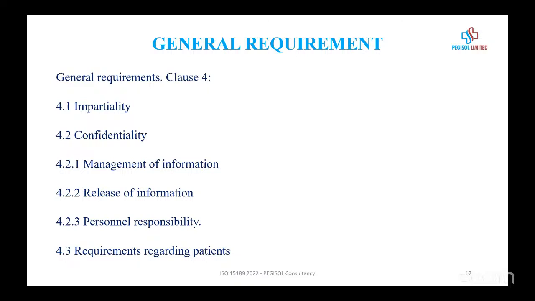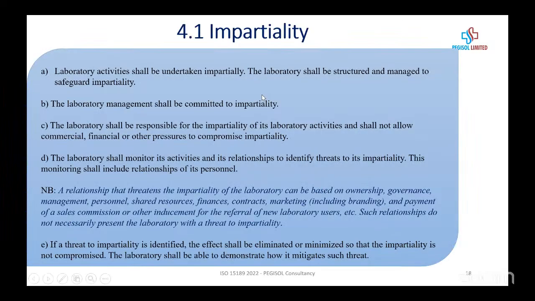So okay, let's continue. We have seen clause 4: impartiality, confidentiality, and requirements regarding patients. Then there are three subclauses under confidentiality: management of information, release of information, and personnel responsibility. So 4.1 talks about impartiality. Laboratory activities shall be undertaken impartially.